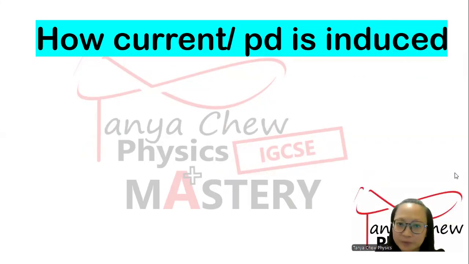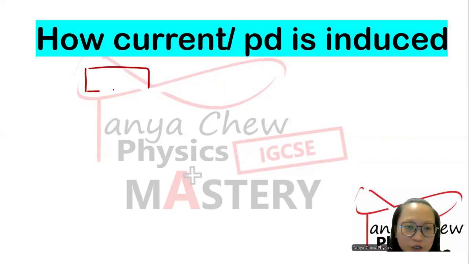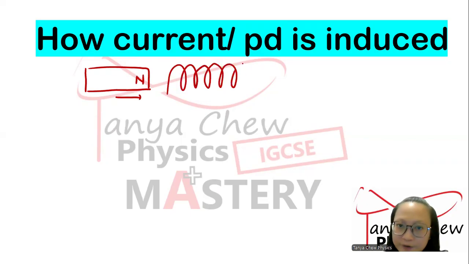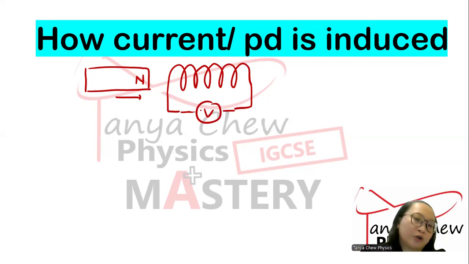Let us see how the current or the PD is being induced in the coil. Okay, can I draw something first? This is the AC generator, but I want you to see here first of all, you just imagine that this is a magnetic field. Okay, North Pole going into a solenoid or the coil. The same thing can be explained for the AC generator, just bear in mind. And then I have a voltmeter.